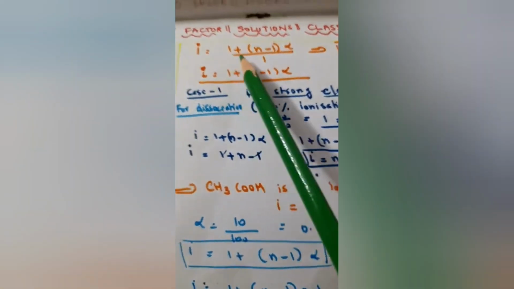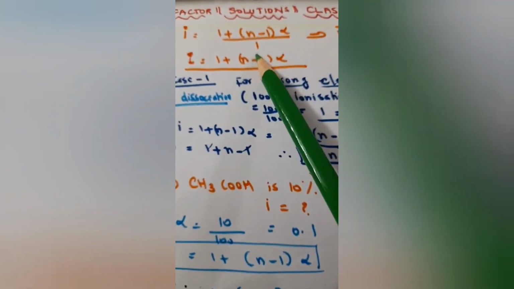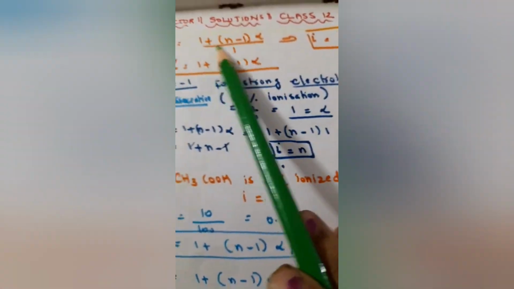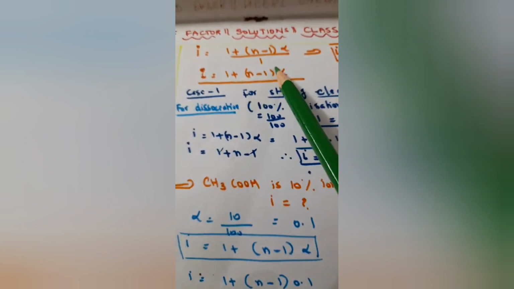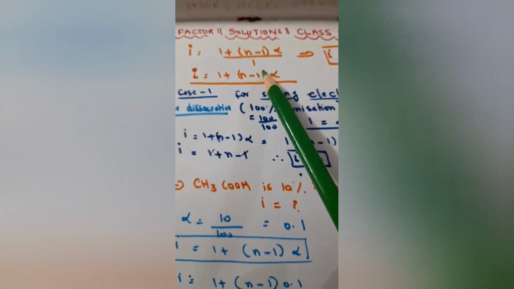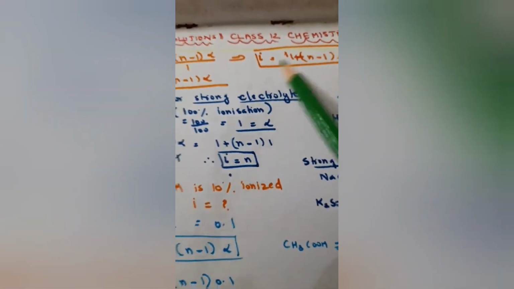So what do we get here? i is the Vanthoff factor, that is the total number of moles divided by the total particles before association or dissociation. So i is equal to 1 plus (n minus 1) into alpha. Remember that.